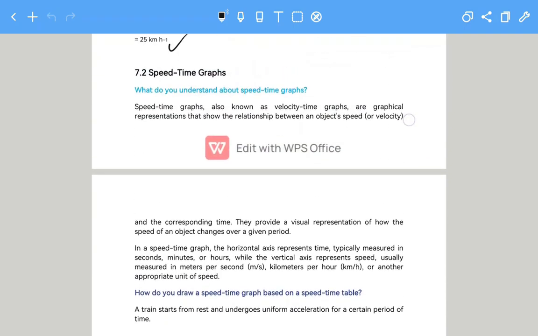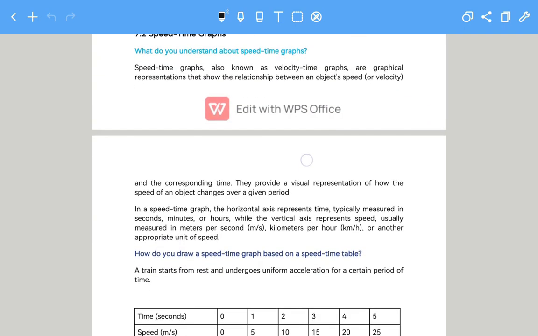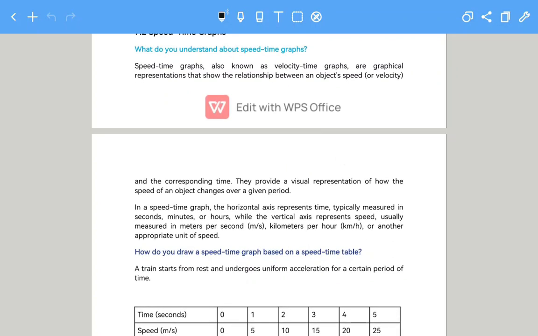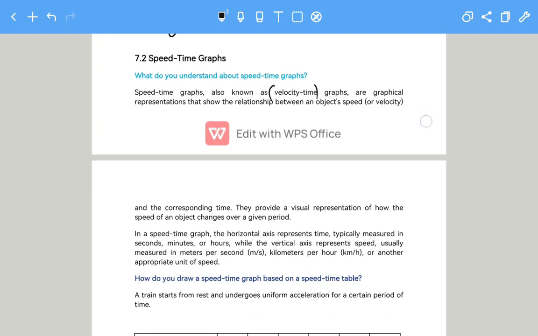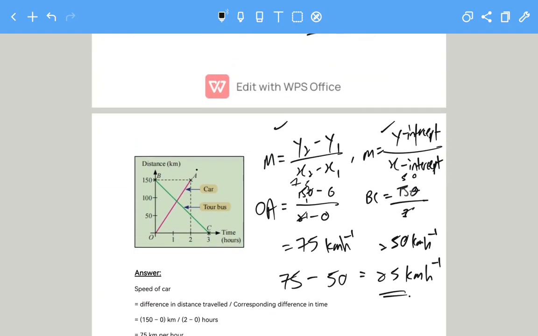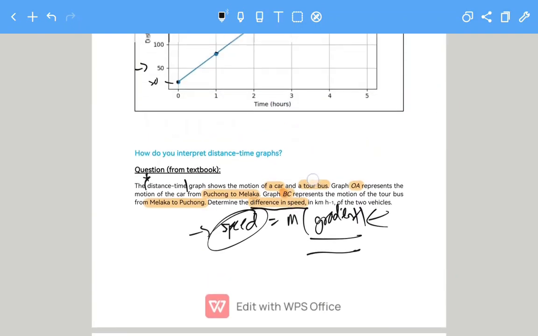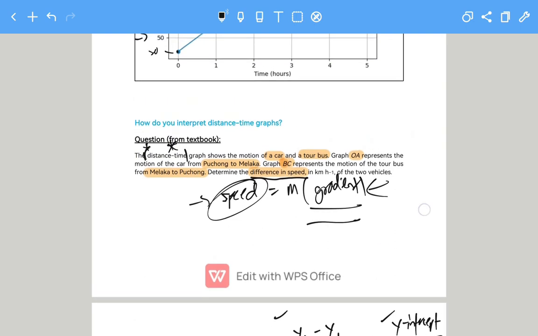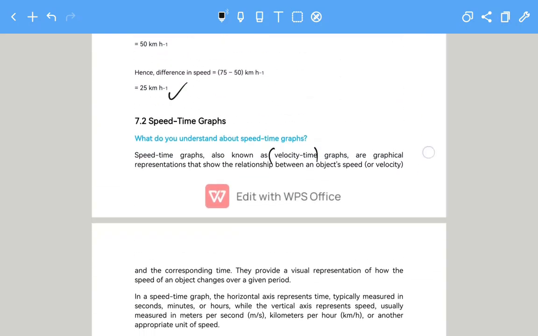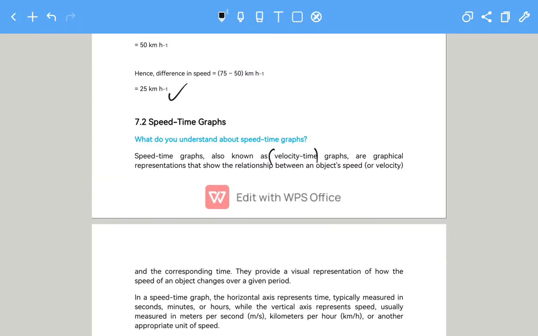Alright, next, this question, velocity per time. This example is a velocity per time graph. Just now we learned distance per time, remember this? So this example is velocity per time. What is velocity? Velocity is actually speed.